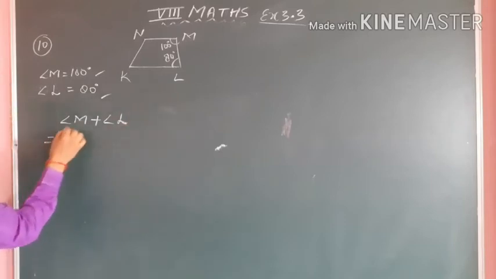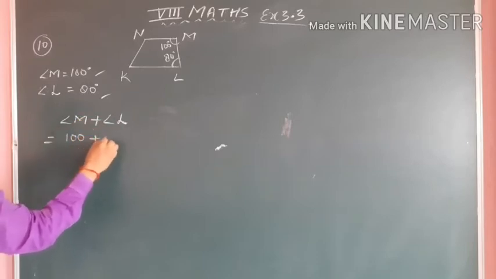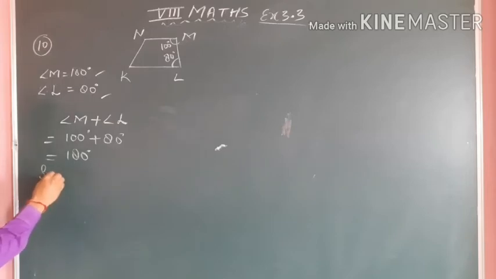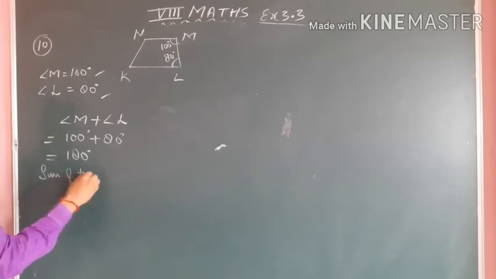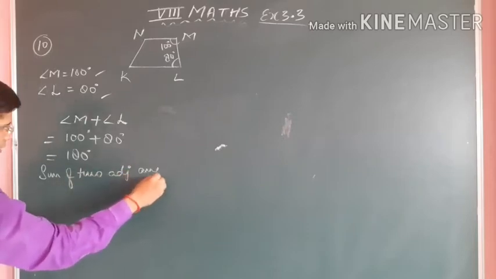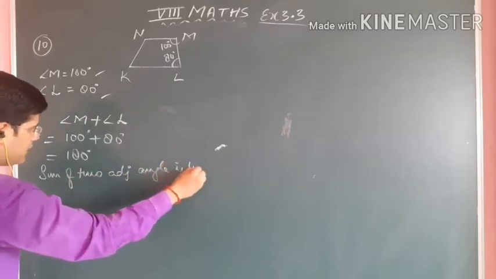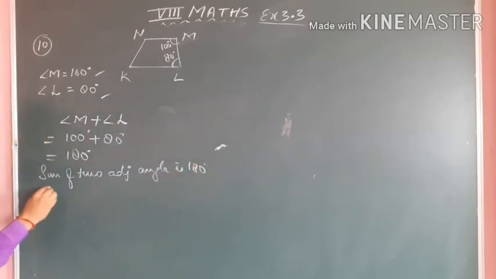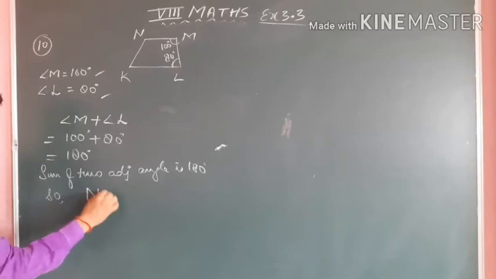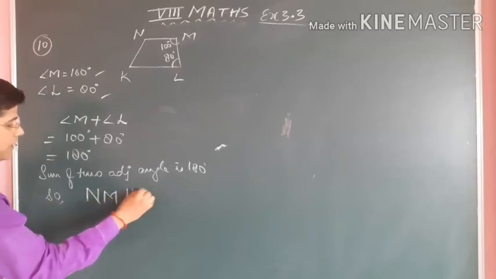Now firstly, angle M is given 100 and angle L is given 80. They make together 180. Now the sum of two adjacent angles is 180. So it has two parallel lines, parallel to KL.